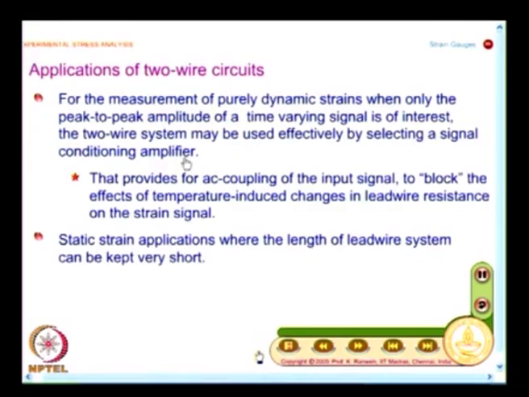The conditioning amplifier needs to provide for AC coupling of the input signal to block the effect of temperature induced changes in lead wire resistance on the strain signal.